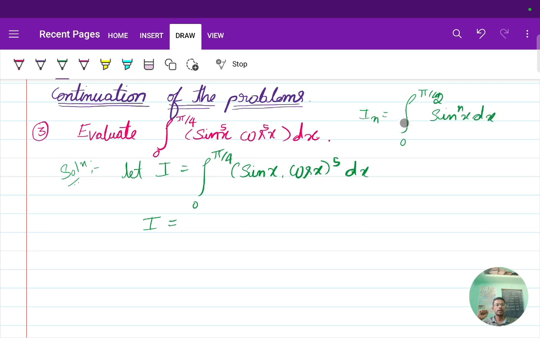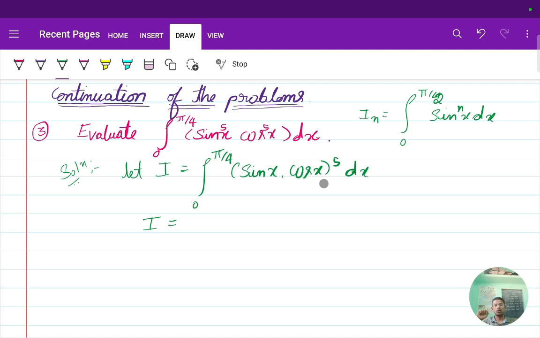We have the reduction formula for this. But here there is sin x and also cos x, sin x into cos x. So we have to reduce this sin x into cos x to the sine power nx form.